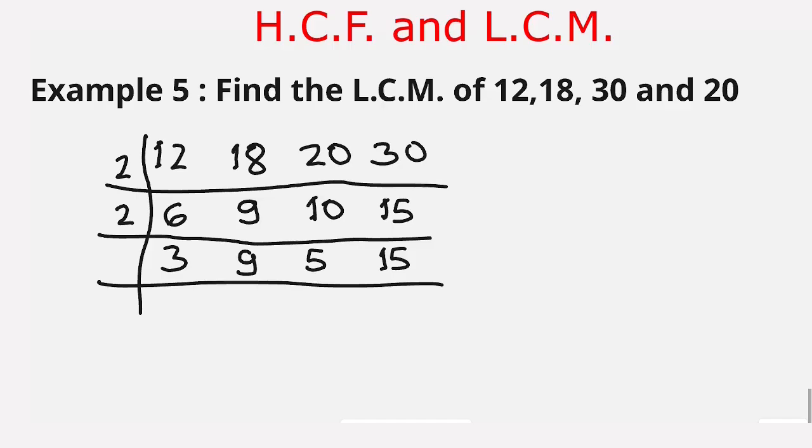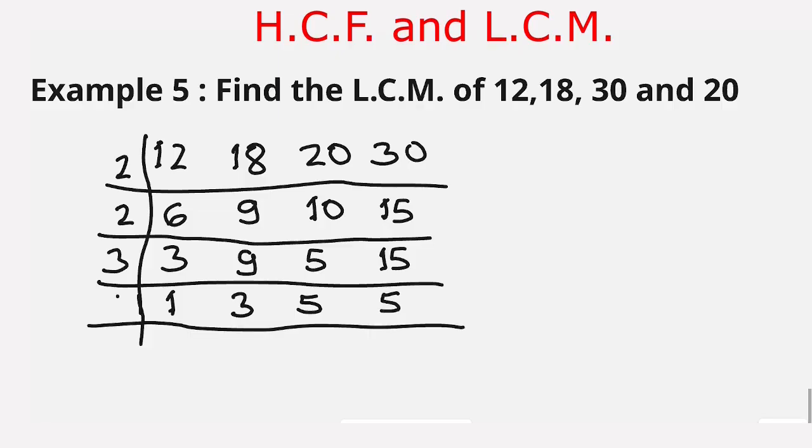Now there is no common two numbers divisible by 2. Now the next number is 3 and we find that there are 3 numbers which are divisible by 3. So we divide these numbers by 3. 3 divides 3 for 1 time, 9 for 3 times and 5 is not divisible by 3, so we carry 5 as it is. 3 divides 15 for 5 times.